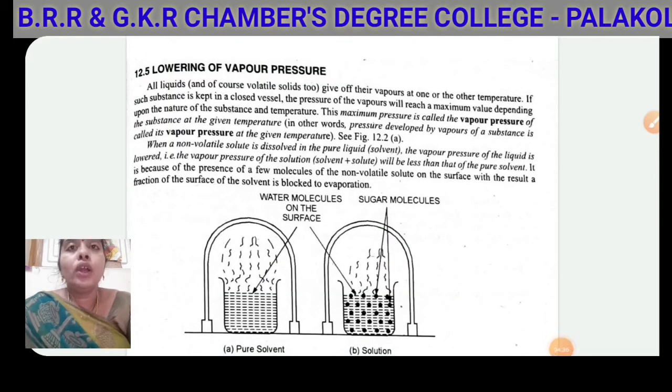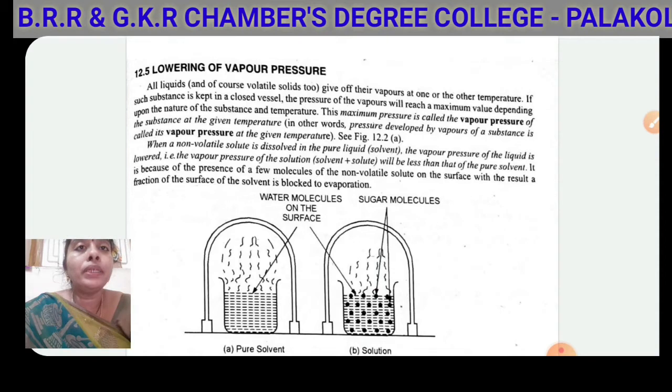The pressure exerted by the molecules of the vapor is called vapor pressure. When a non-volatile solute, that is, a solute that does not vaporize, is added to the pure solvent, the vapor pressure of the liquid is lowered.